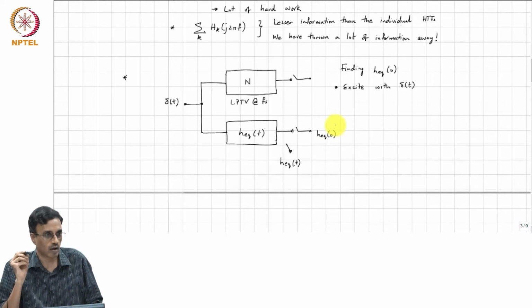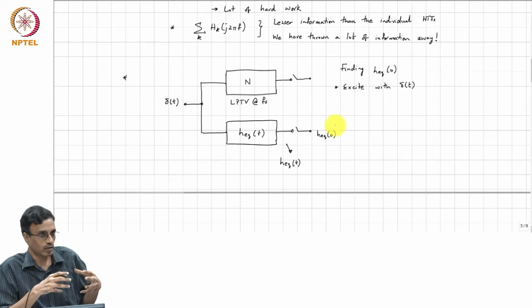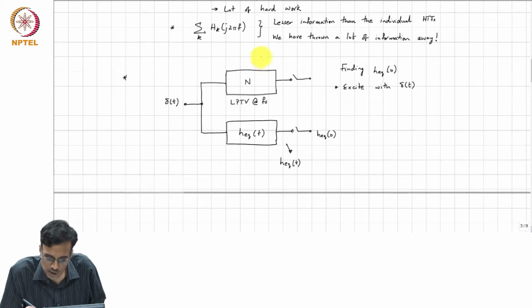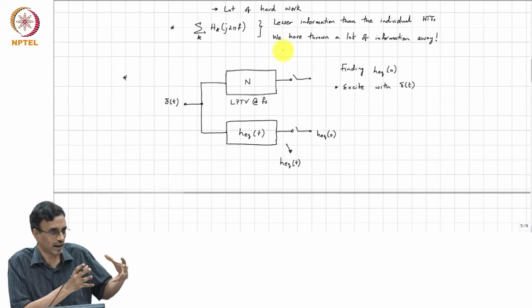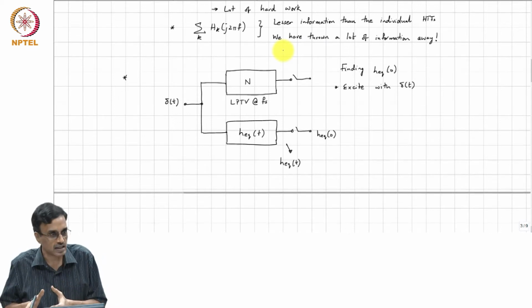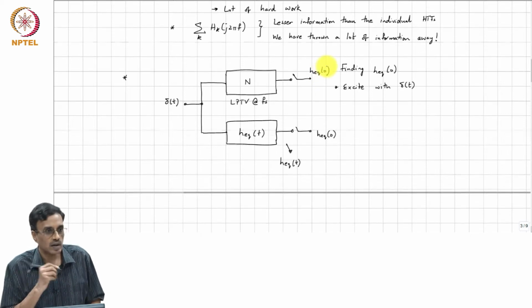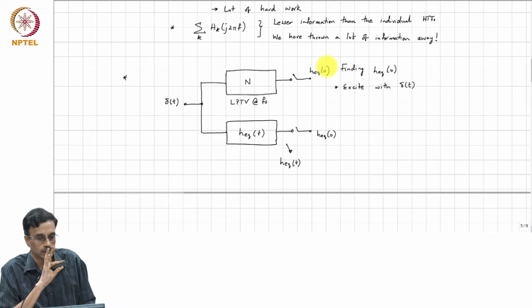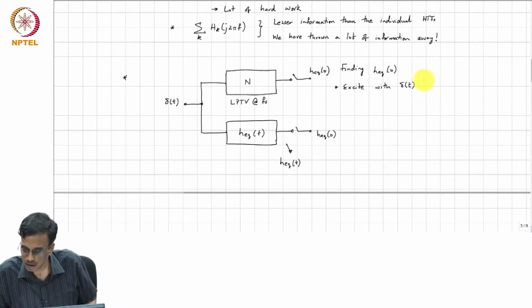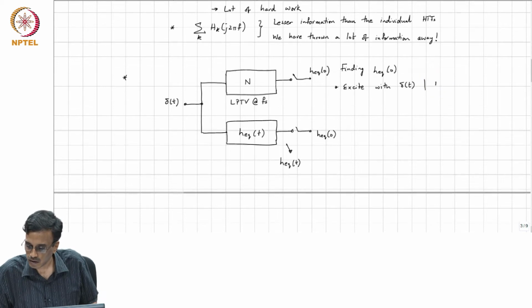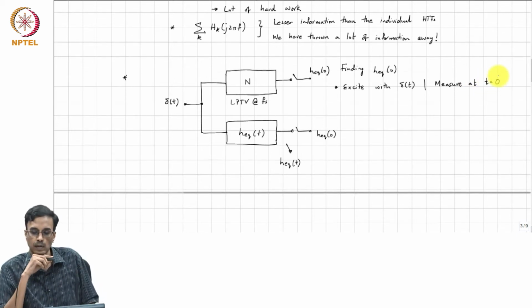Here is what you would have gotten if you knew the H equivalent of t, right, but the only access you have is the LPTV network, correct, and you are trying to find H equivalent of t. So, if you sample the output of the LPTV network at t equal to 0, what will you get? This must also be equal to H equivalent of 0, right. Measure at t equal to 0, all right.